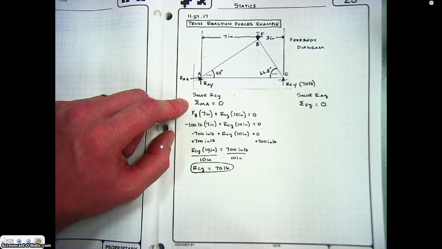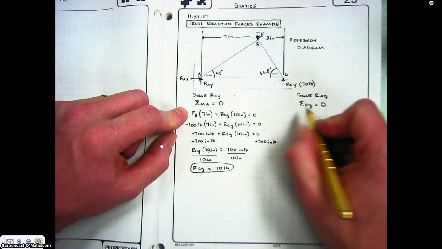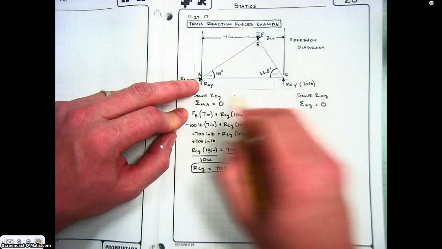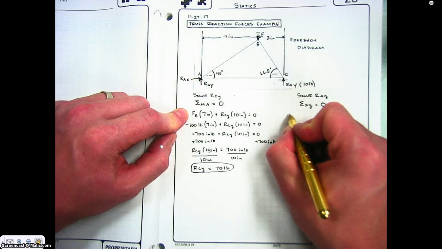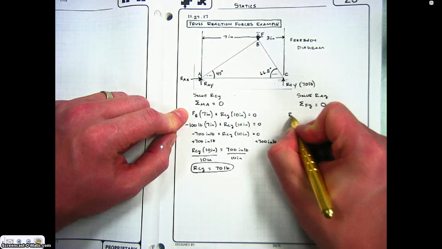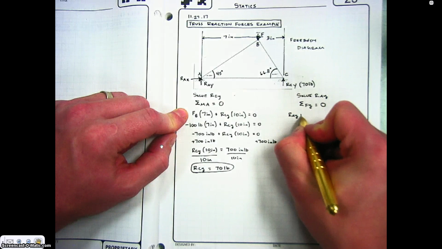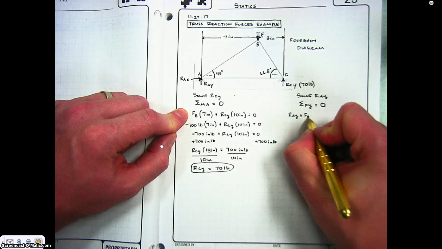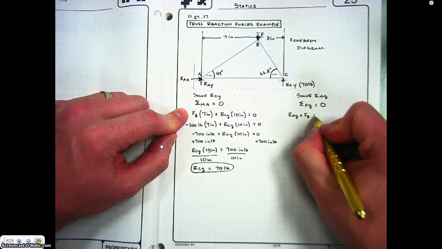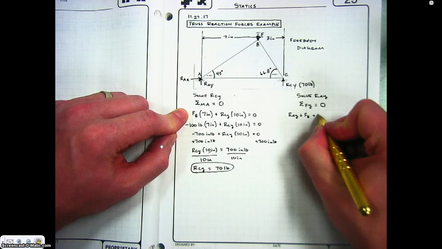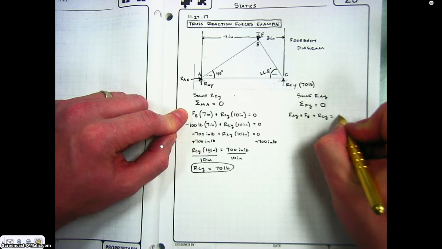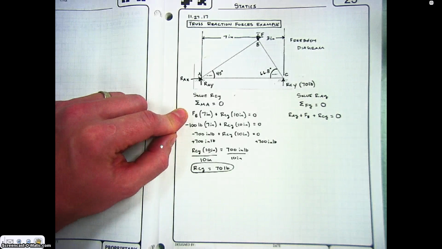And so then we will simply input our forces in the y direction. So our forces in the y direction, just moving from left to right, are the reaction force at A in the y direction plus the force at point B plus the reaction force at C in the y direction, all of those things have to equal 0.